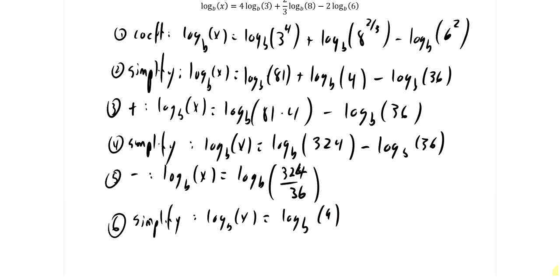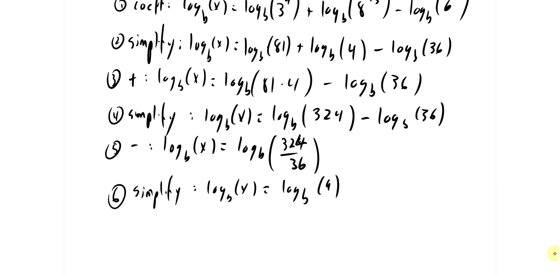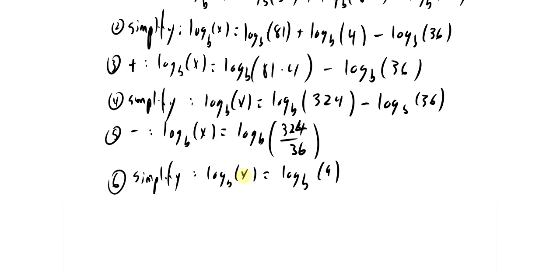And then finally, if two logs are equal to each other, then the thing inside has to be equal to each other. So x equals 9. There we go. Not too bad, an application of the log rules. Start with the coefficients, bring them inside, and then deal with the additions and subtractions.